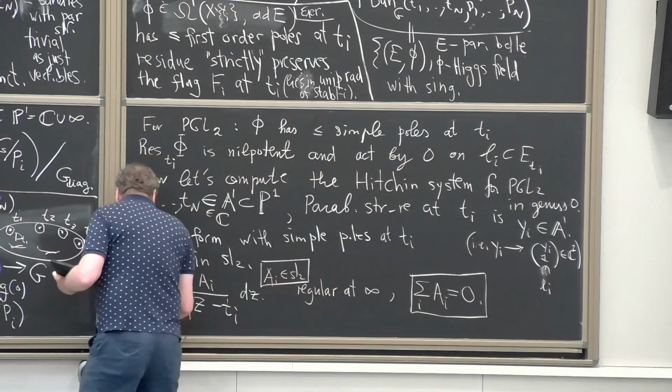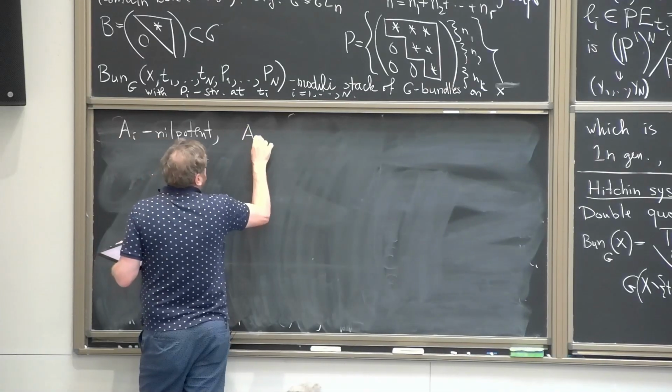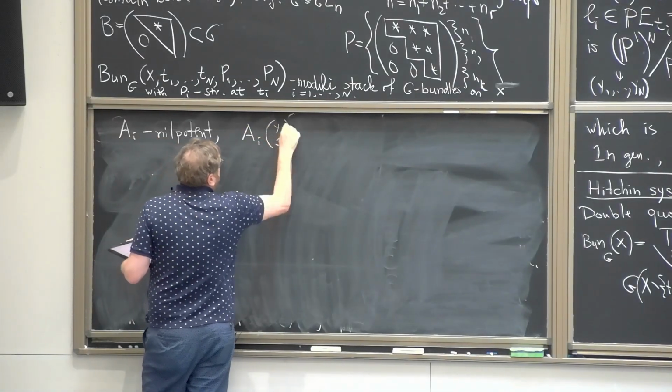All right, and then also we want these residues Ai to be nilpotent, and they should kill the vectors (yi, 1).